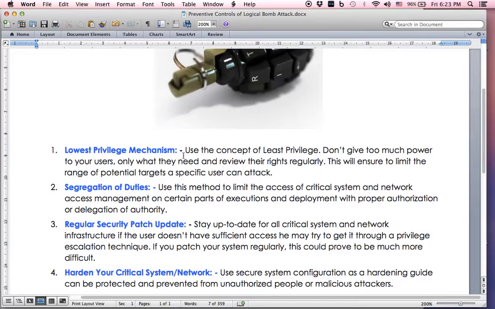They need to request access to the system based on their certain role and function. The IT security team will determine what role and function need to access the critical system or the certain module that the user needs.